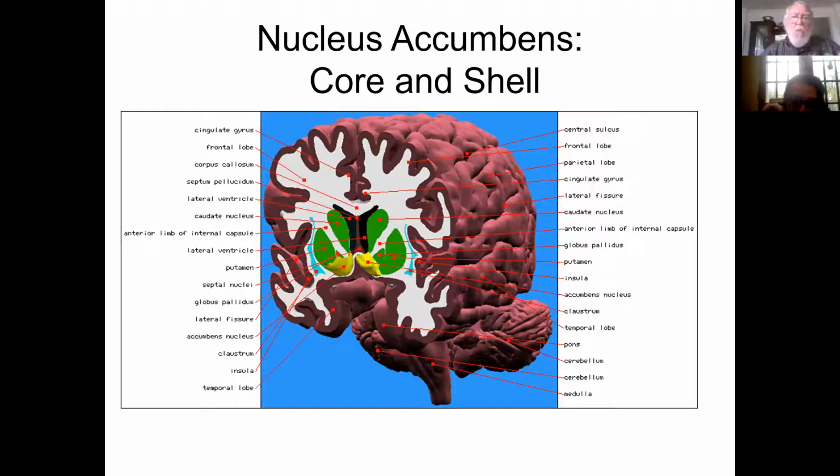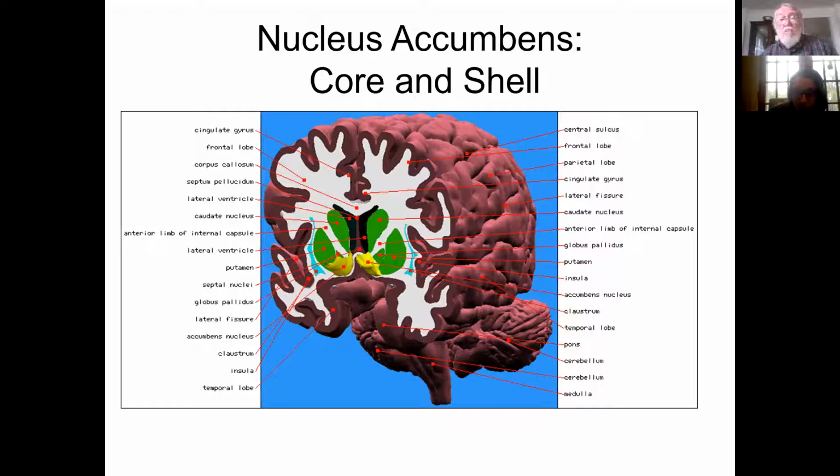The whole point is that it turns out it's both. What you have in the ventral striatum, in the nucleus accumbens, is some very important motor components, because as we're going to see, it projects out to the ventral pallidal nuclei, and eventually there's going to be motor output.